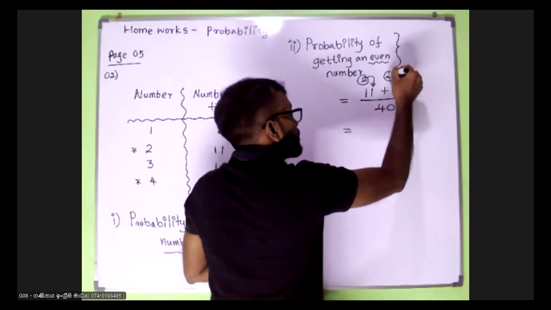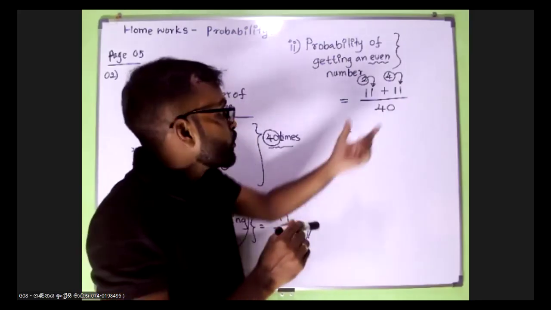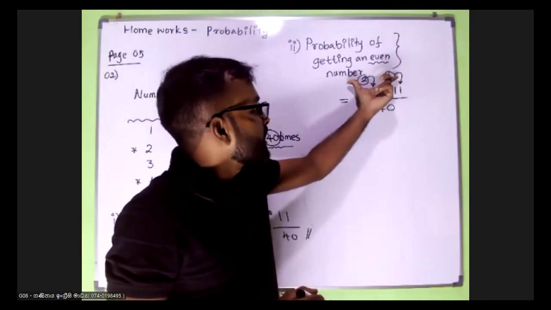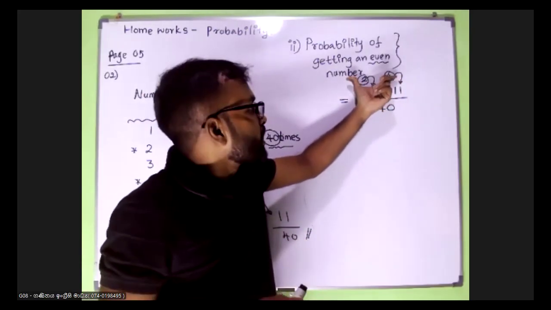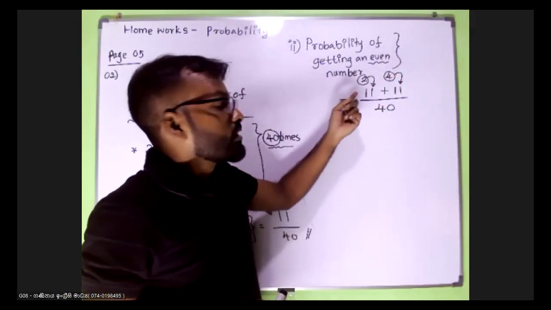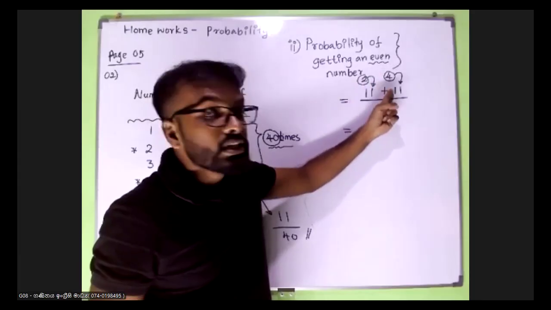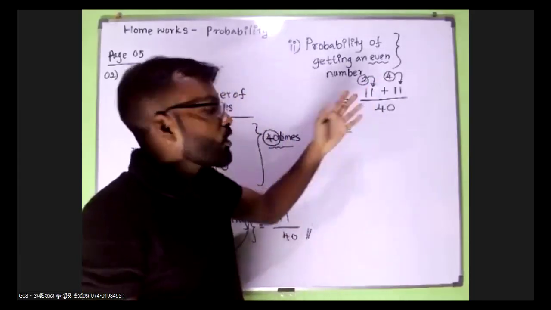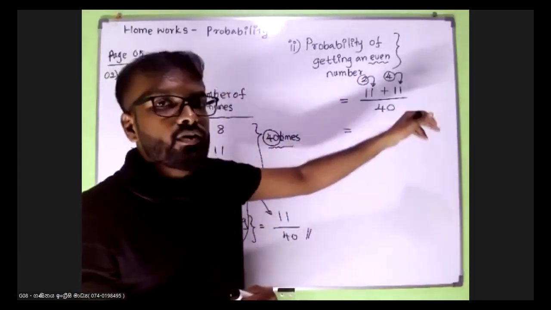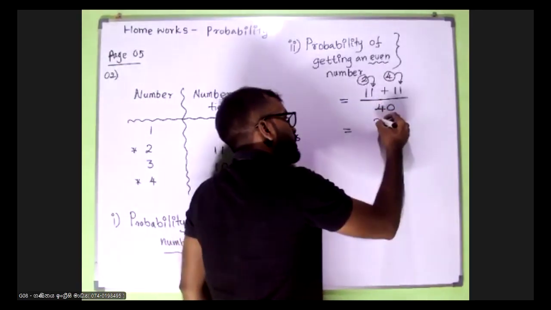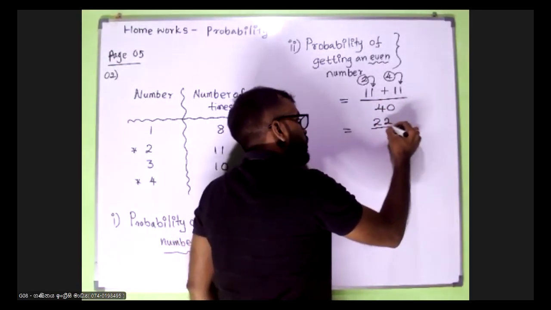These things are for your reference. The things written above, so that you can remember and understand what I have done here. Number 2 occurs 11 times, number 4 occurs 11 times. So altogether you have to simplify: 11 plus 11 is 22. 22 over 40.